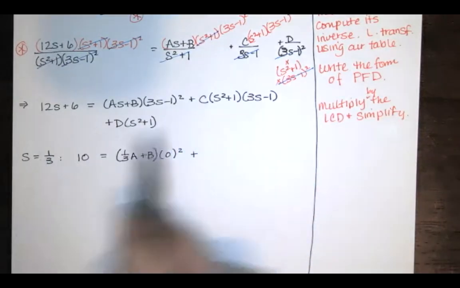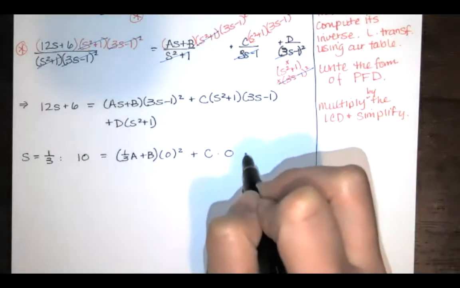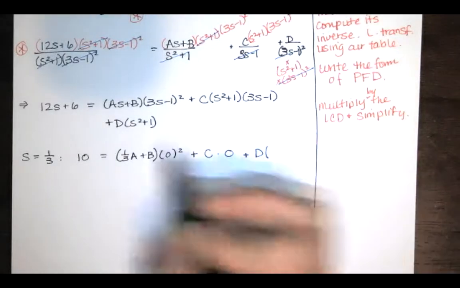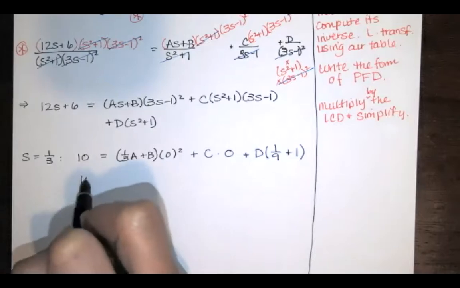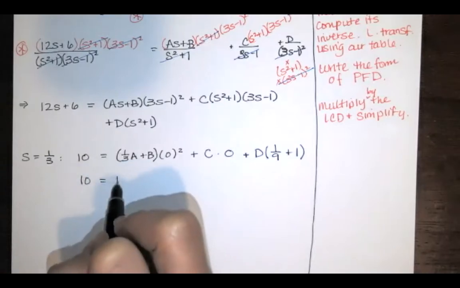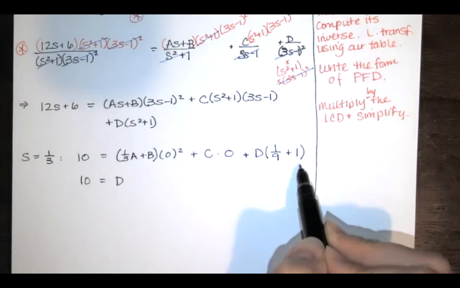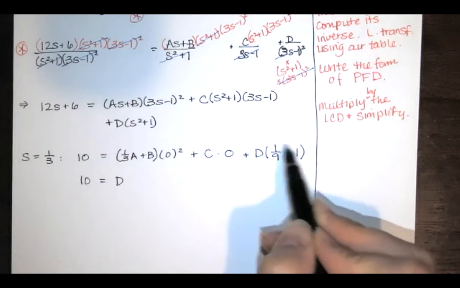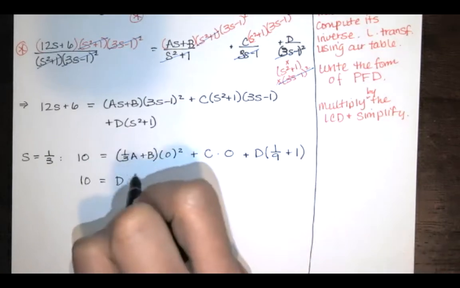And since s is 1/3, that will also be 0. So we'll have C times 0 there. And then the last one, we have D times 1/3 squared, which is 1/9 plus 1. So we have 10 equals D times 1/9 plus 9/9, getting common denominator. 1 plus 9 over 9 is 10 over 9.